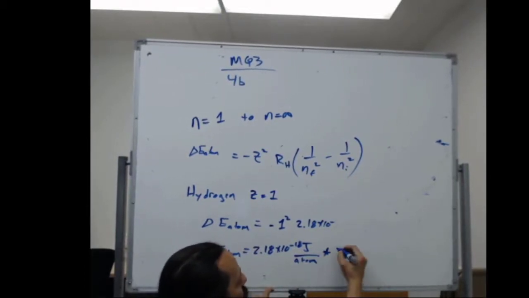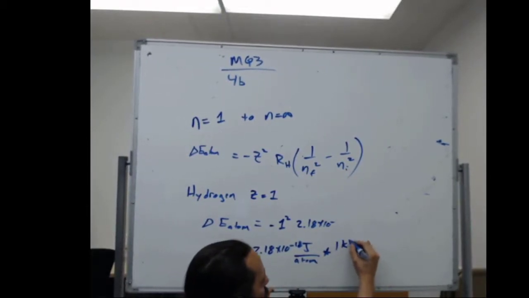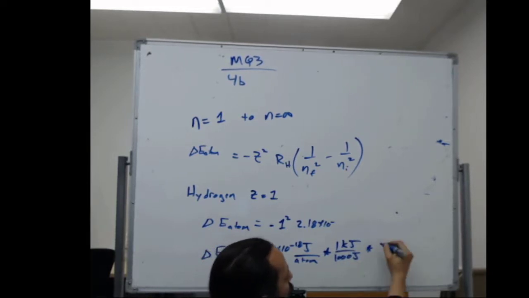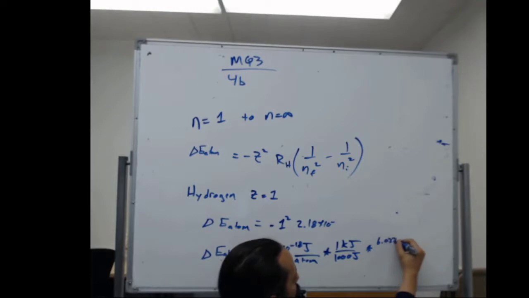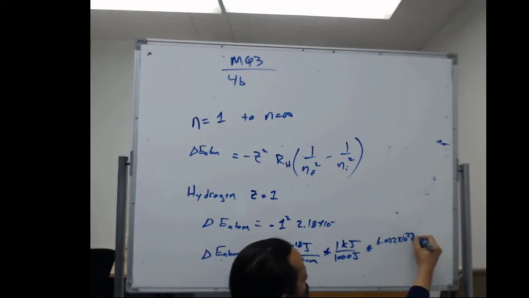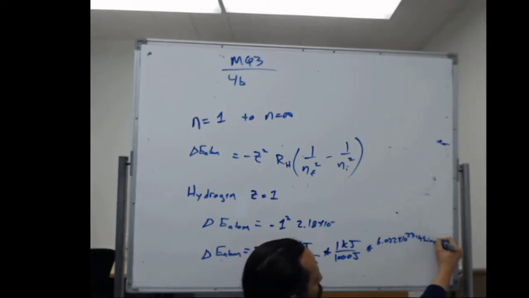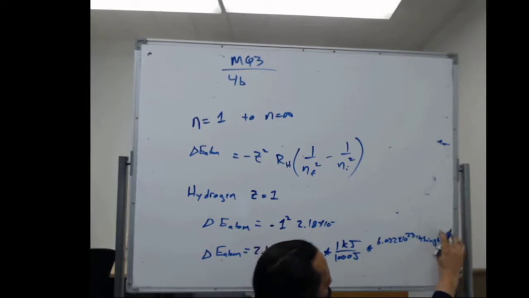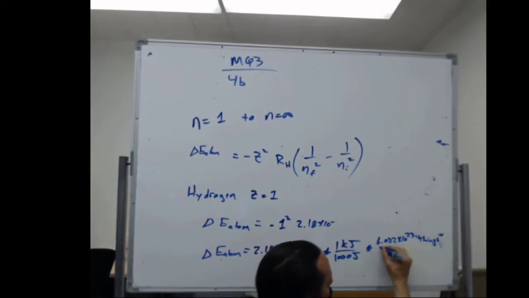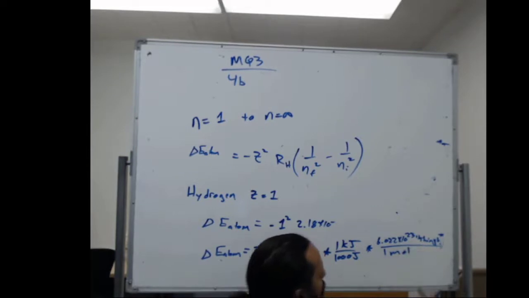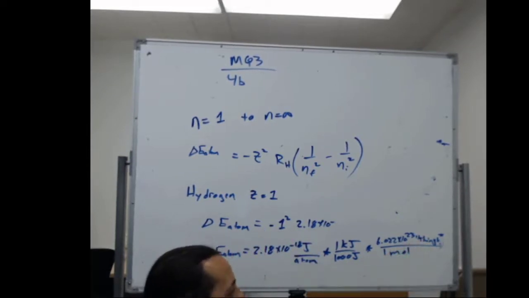So I will do 1 kilojoule has 1,000 joules, and I will do 6.022 times 10 to the 23rd things per 1 mole. In this case, the things is going to be atoms.